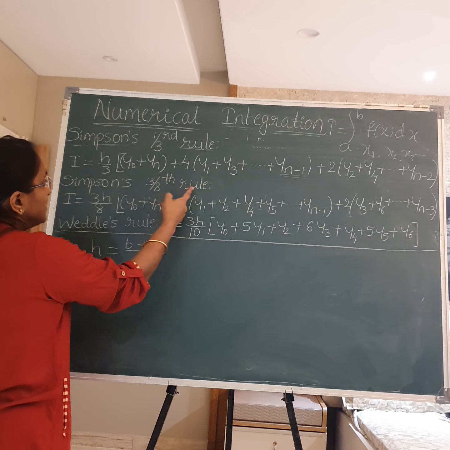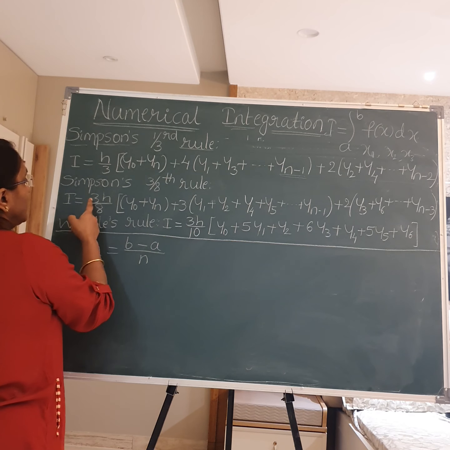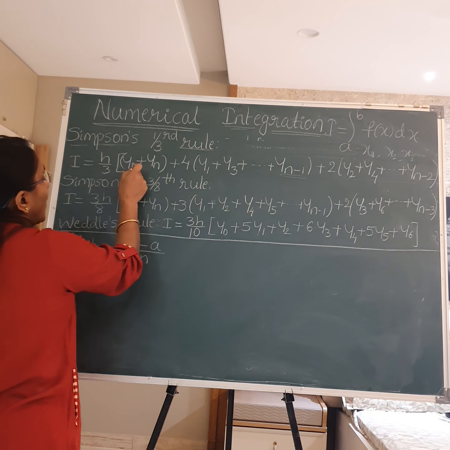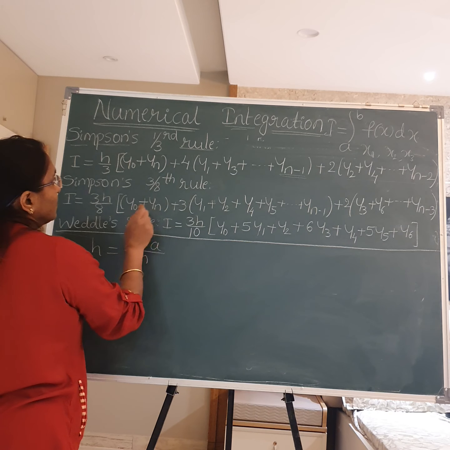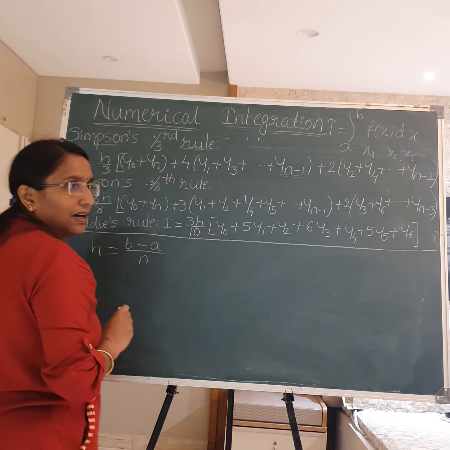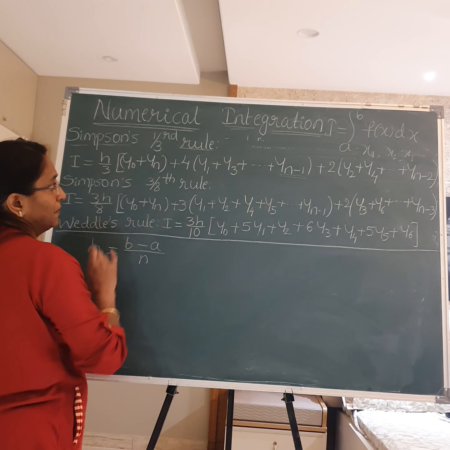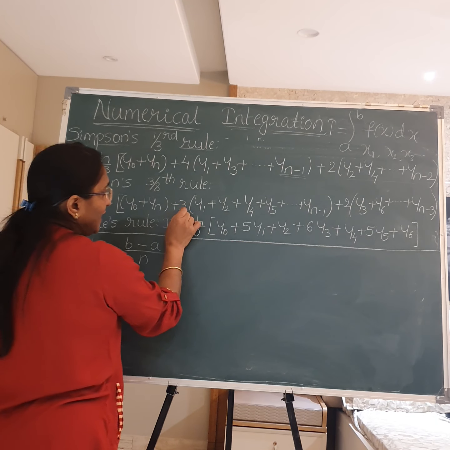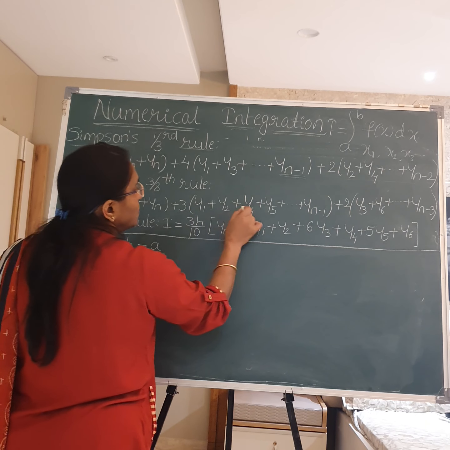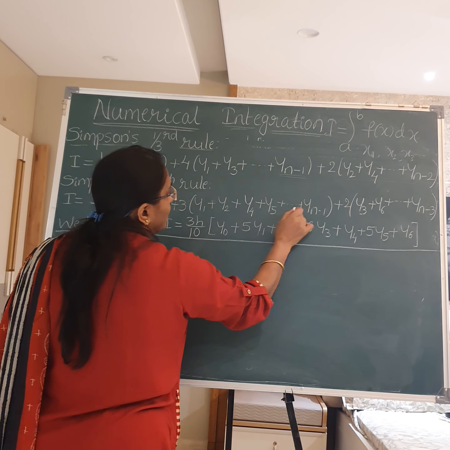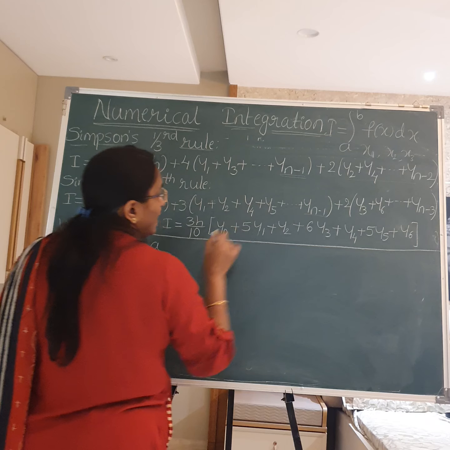In Simpson's 3/8 rule, it is 3h by 8, y0 plus yn. In both the rules, the first term is the same. Next, plus 3 into y1 plus y2 plus y4 plus y5, up to yn minus 1.